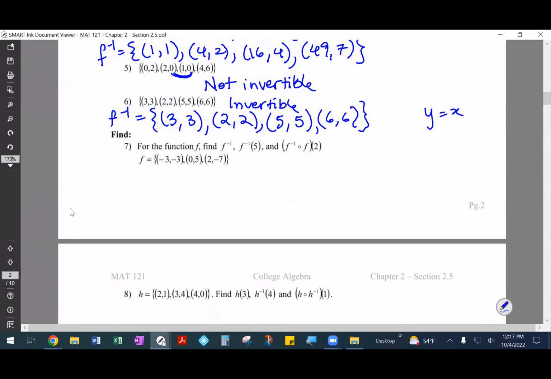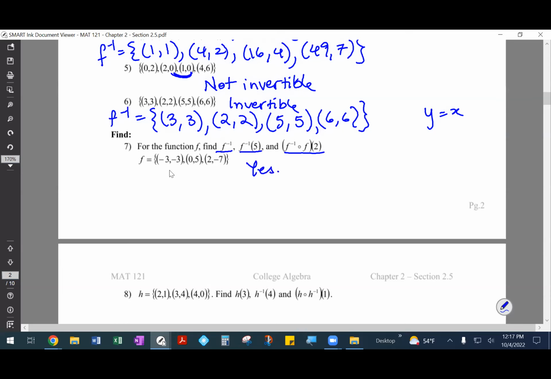Now here, they're giving you the original function f. They're asking you to find the inverse, and then they're asking you to solve a couple more based on once you find your inverse. So let's take a look at our ordered pairs here. You've got (-3, -3), (0, 5), (2, -7). So is this invertible? Yeah.